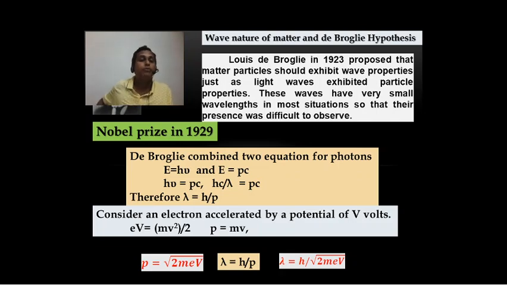See, in the photoelectric effect, the incident one is light, which is a wave, that exhibits the particle property. Louis de Broglie proposes that matter or particles should exhibit the wave property, just like light waves exhibit the particle property. Is it clear?